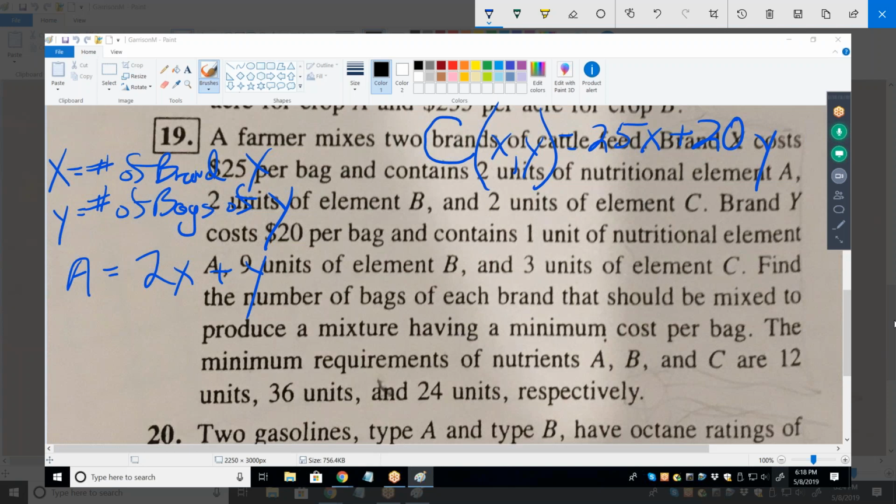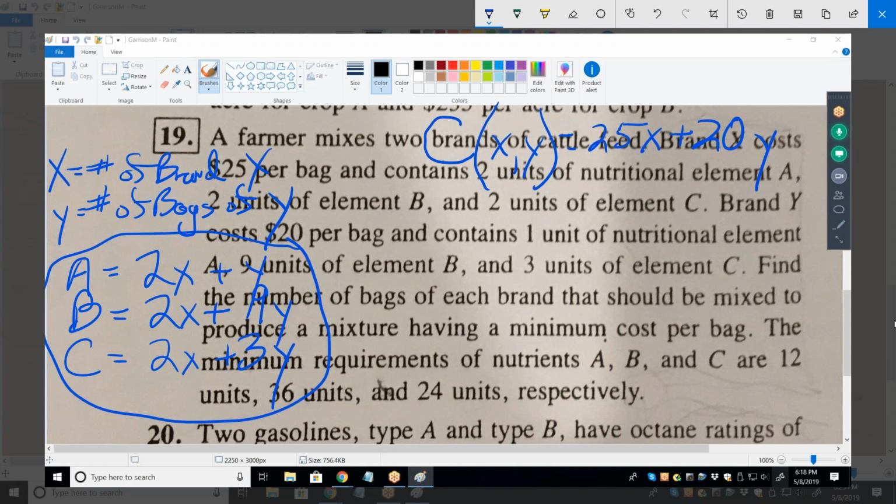The amount of B is 2x plus 9y, and the amount of C is 2x plus 3y. That's for sure.